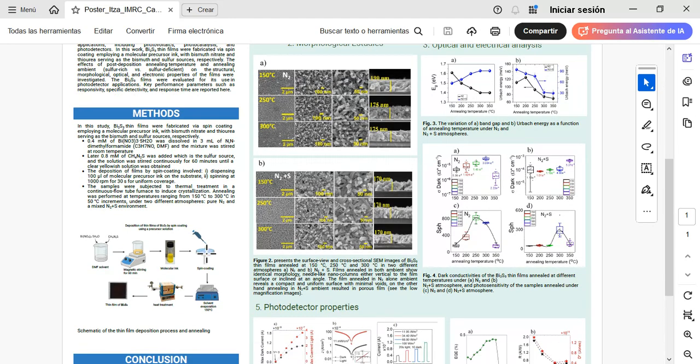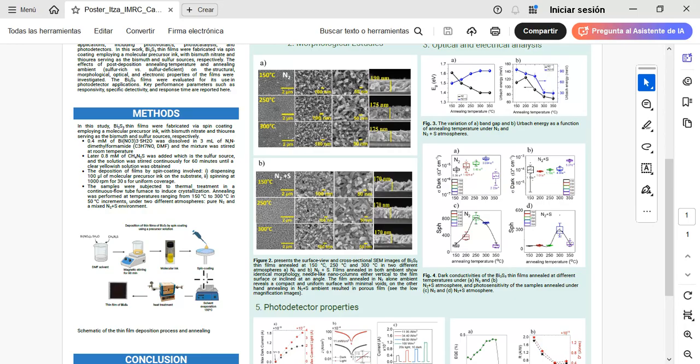The deposition of the films via spin coating involved: one, dispensing 100 microliters of molecular precursor ink on the substrates; two, spinning at 2000 revolutions per minute for 30 seconds for uniform coverage.